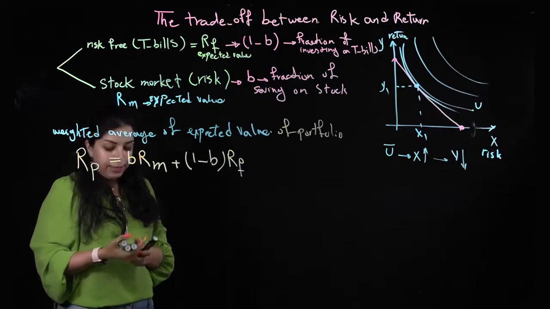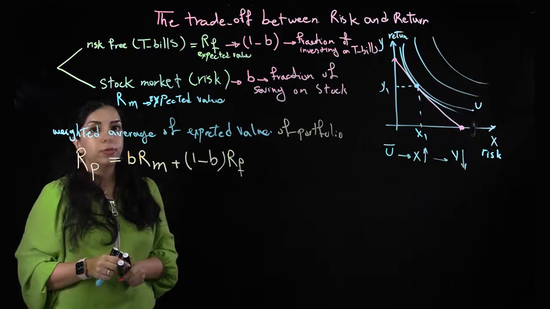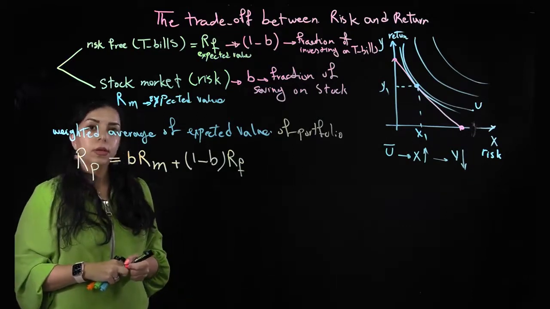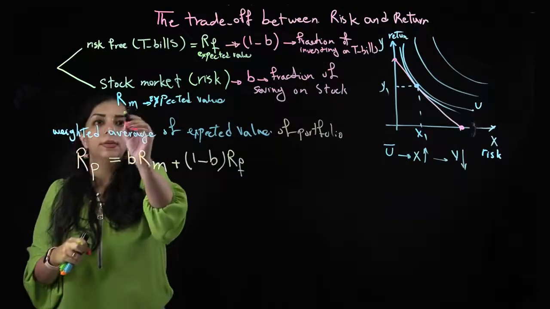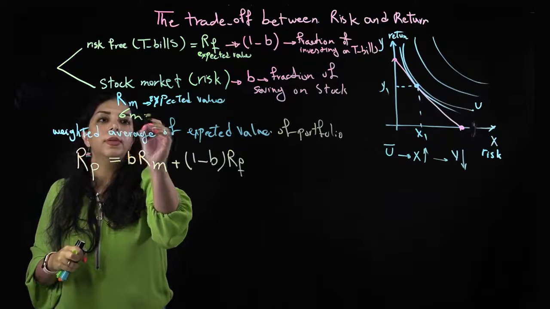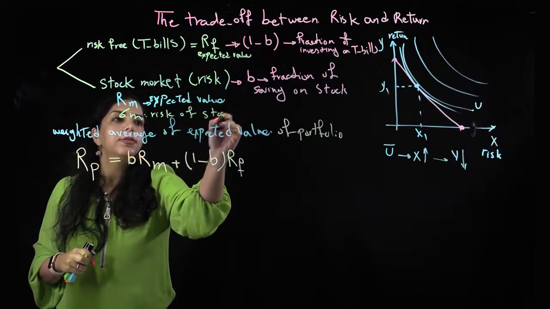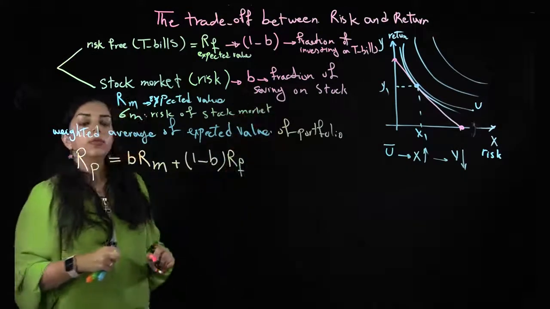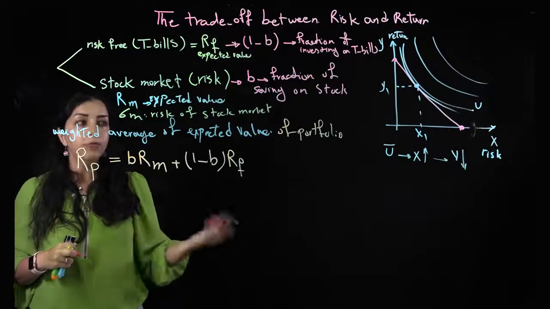Then, do we have any risk associated with T-bills? Of course not. Do we have any risk associated with the stock market? Yes. For example, we show it with sigma M, the risk of the stock market. So do we have any risk associated with the portfolio? Of course, yes.